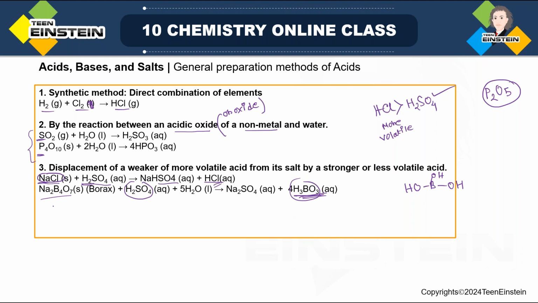So here this salt contains sodium plus ion, and the rest of the ion has a little complex structure, so I'm not going into the details, but it is a salt of boron. That is the anionic part of this acid. That anion is present in this Na2B4O7. So same concept, we are using some less volatile acid, and on the right hand side we are getting more volatile acid.